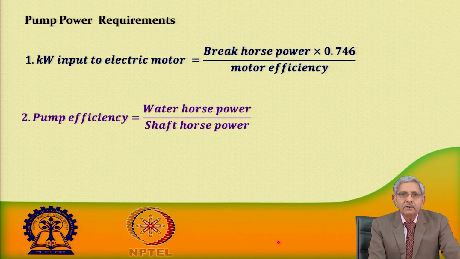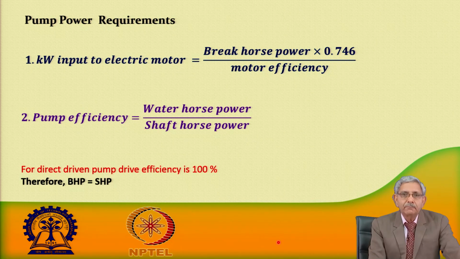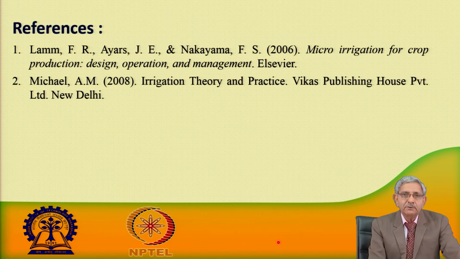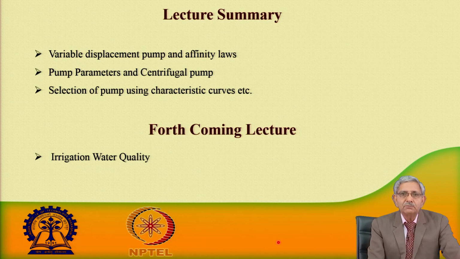Pump efficiency is the water horsepower divided by shaft horsepower. For a direct driven pump, drive efficiency is 100%, so BHP equals shaft horsepower. For this lecture you can refer to these books and also some other books.